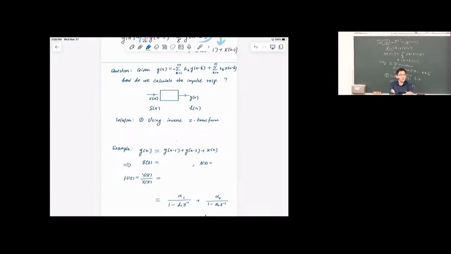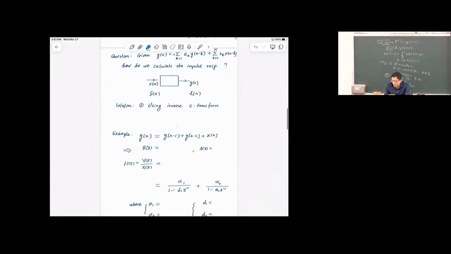But if it gives us an LTI system, then when we see the equation, we should be able to calculate the impulse response if necessary, because we know the LTI system is characterized by the impulse response. So it's important. We want to be able to calculate the impulse response given the difference equation. So how do we do it?